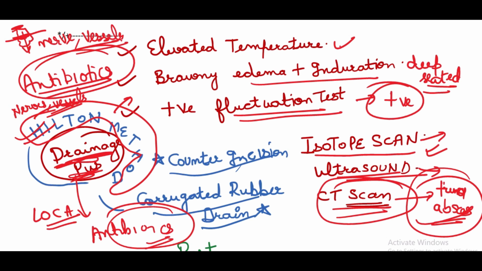So again, important part is when is the Hilton method preferred for draining an abscess? When the important structures like the nerves, vessels are present around the abscess cavity. So after making an incision, you break all the loculi and complete drainage is done.